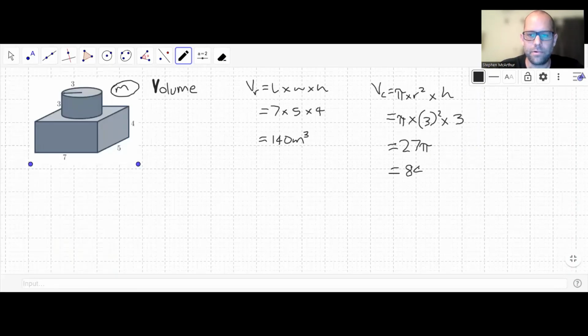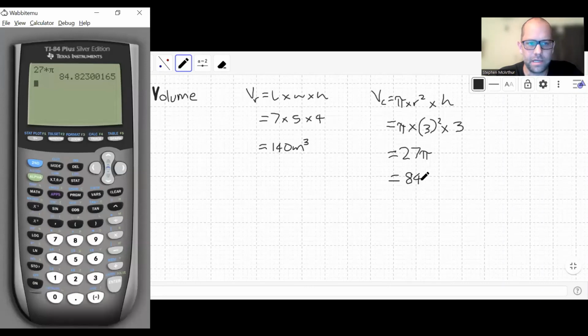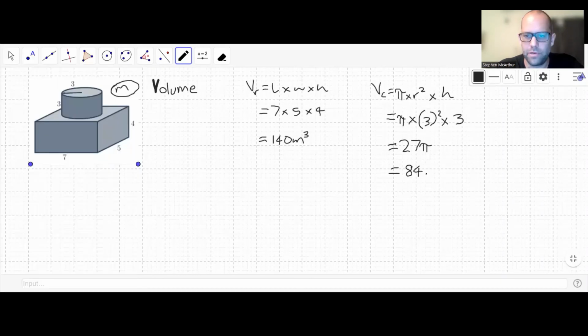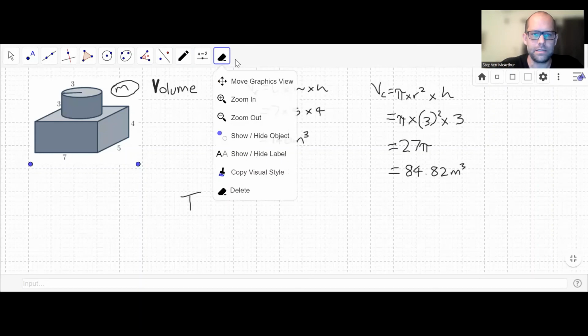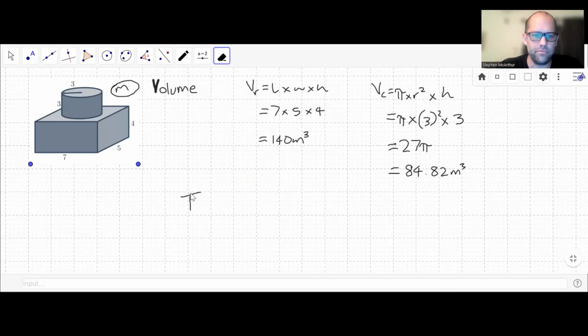Right, I'll go back to here. 84. Actually, I'm going to check the rounding there. Yeah, the next digit was 3, so 84.82 meters cubed. All right, so the total volume. So I'm going to do it different. Why won't they get rid of that? I don't want that. I want to say V for volume. V. There we go. That's better.